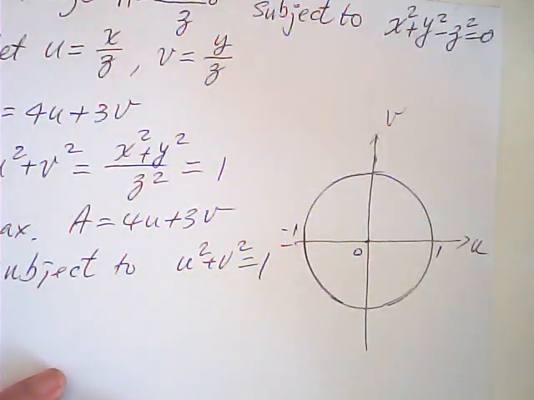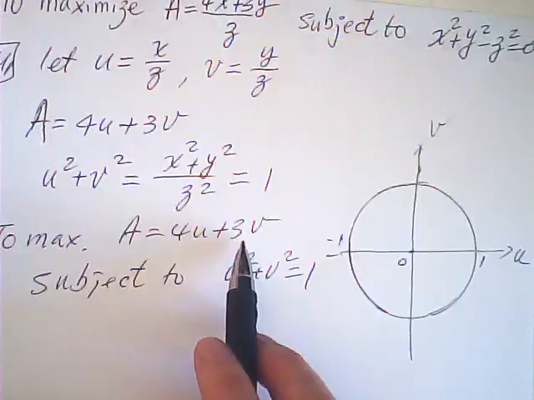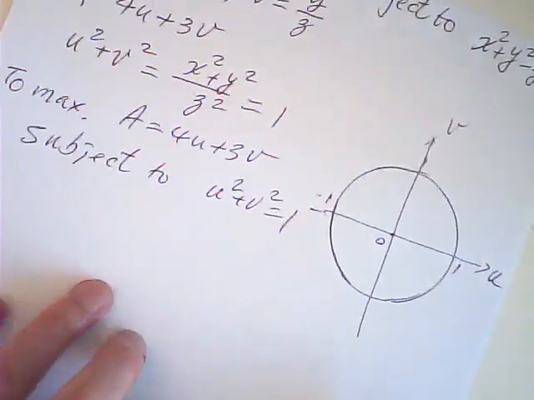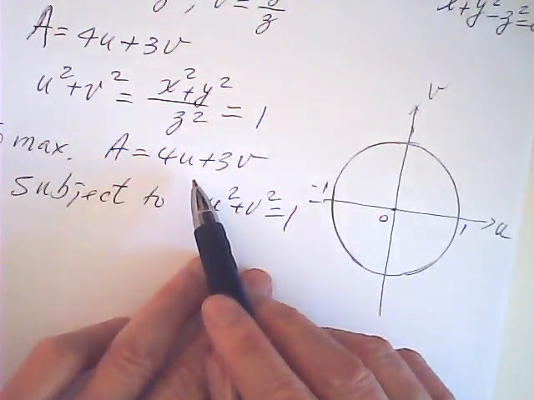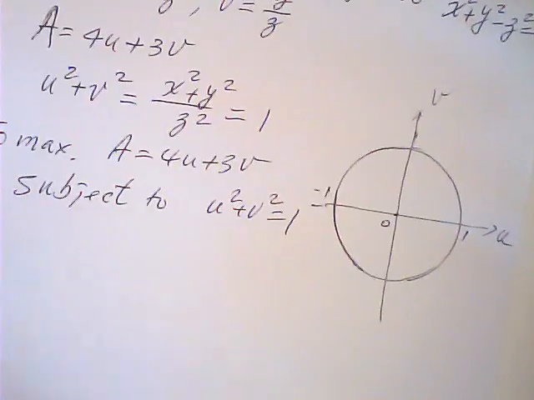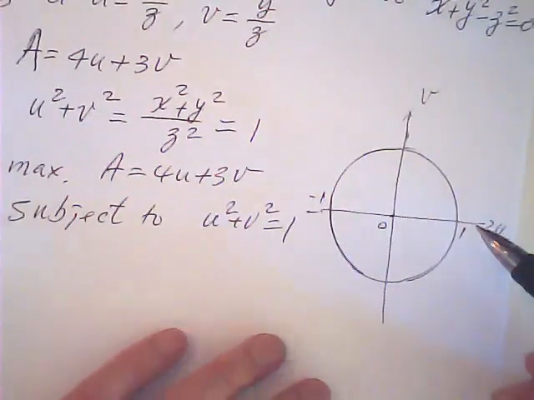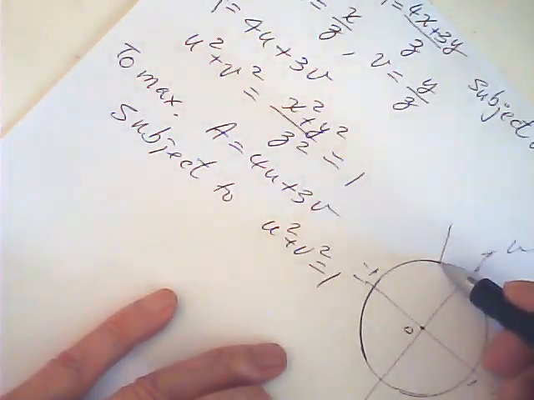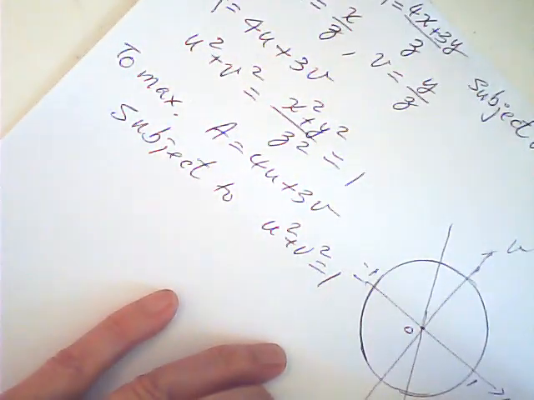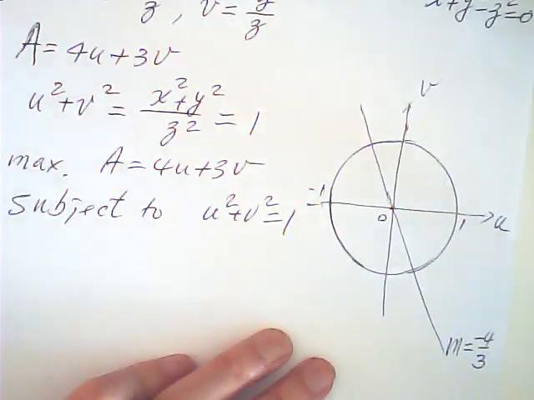Now, A, 4u plus 3v, is a straight line. The slope is minus 4 over 3.